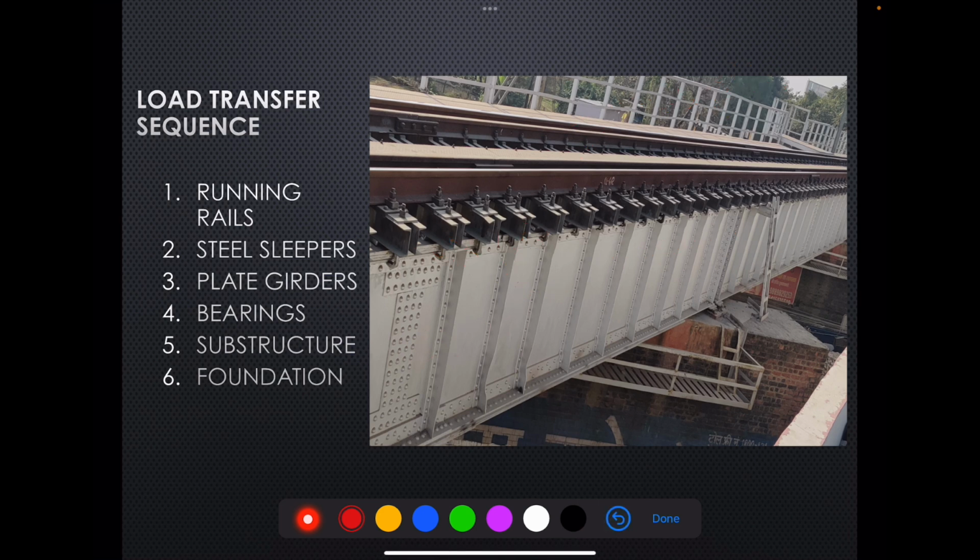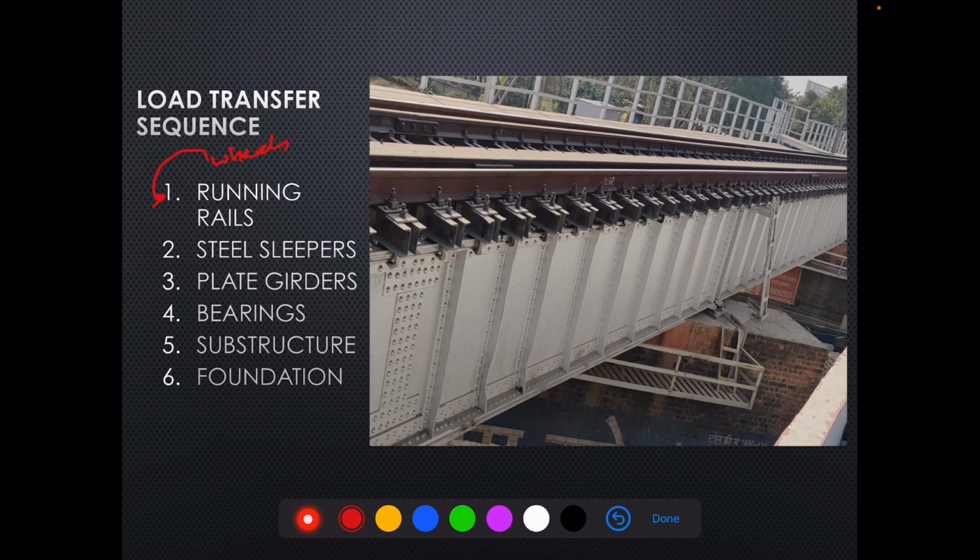First of all, the train wheel comes over the running rails. The load is transferred from wheels to the running rails.